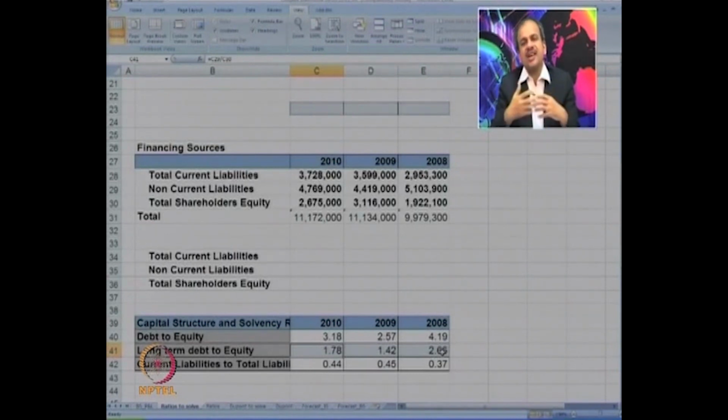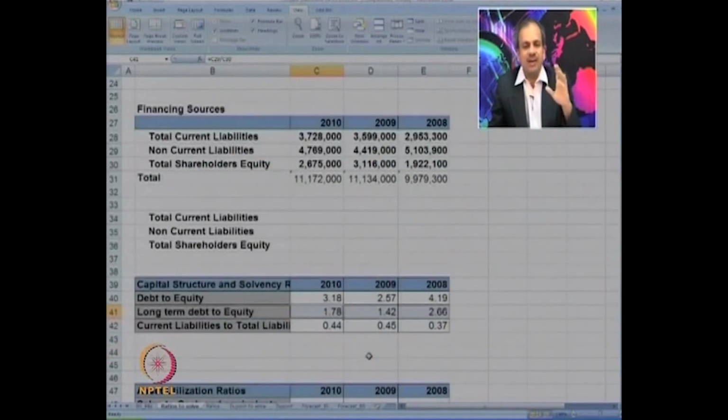But a higher ratio helps the company in increasing profitability. That is why we cannot say that a somewhat high ratio is bad. So it needs to be balanced. Too high a ratio will mean too much pressure on the solvency. A very low ratio will affect the profitability. That is why, in case of the long term debt to equity ratio, companies are required to keep some balance. Okay, are you getting it?